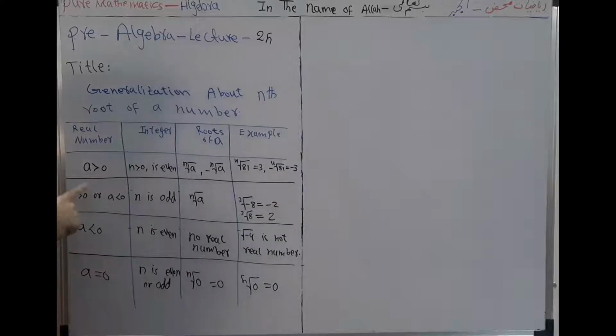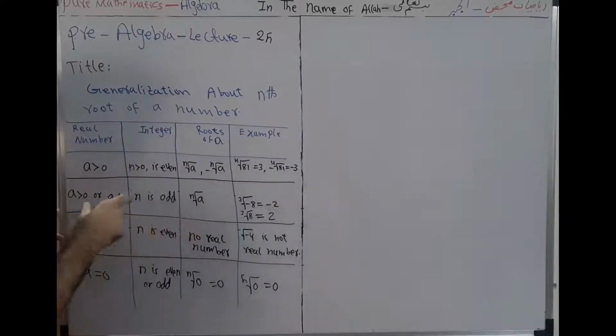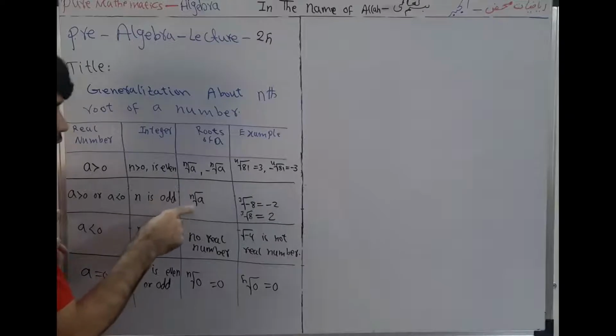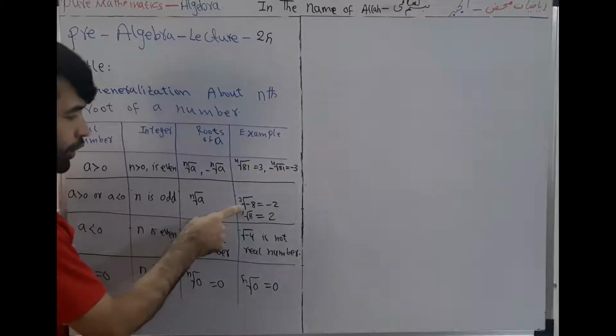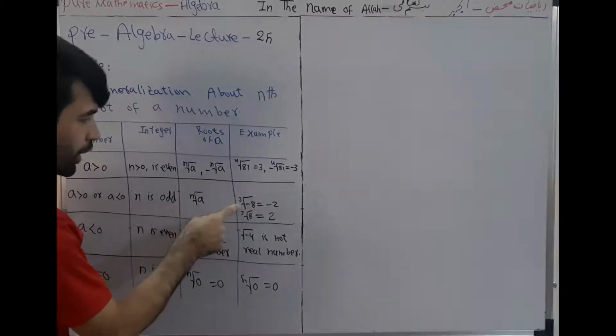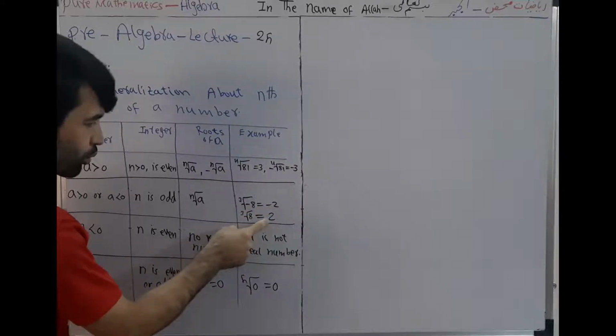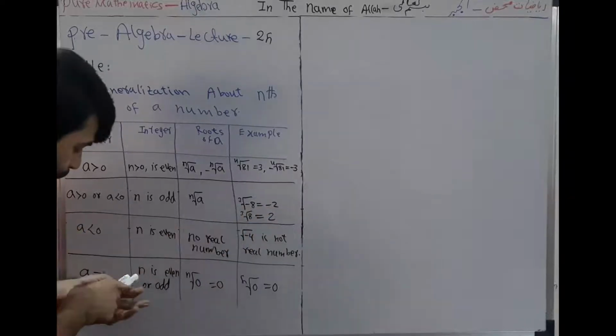If a is greater than 0 or a is less than 0, both positive or negative, and n is an odd number, then there exists an n-th root of a. For example, the third root of minus 8 is equal to minus 2, and the third root of 8 is equal to 2.